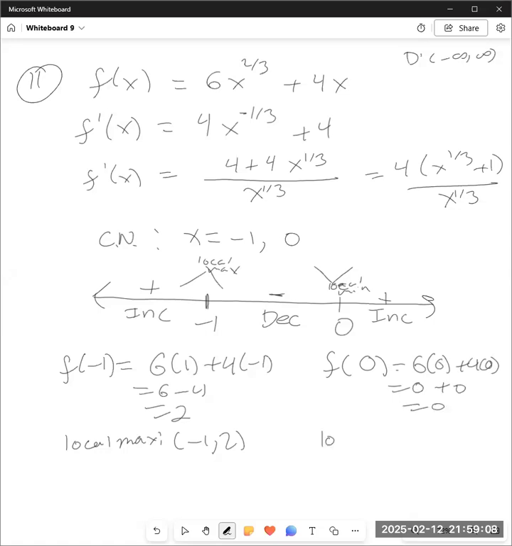So there's a local min at (0, 0). Let me just take a look here, see if I have any more like that where I'm doing relative extrema.